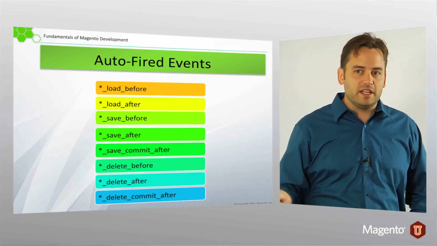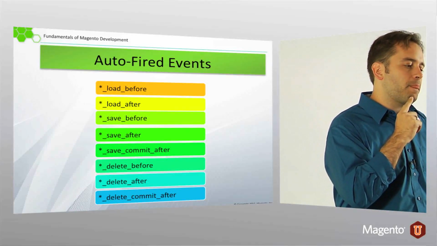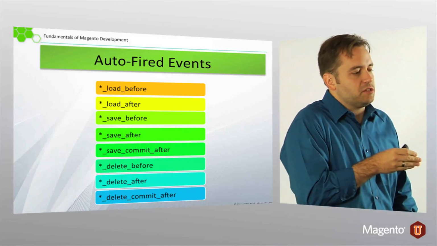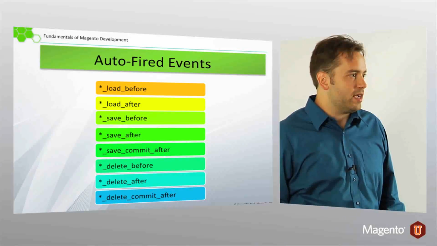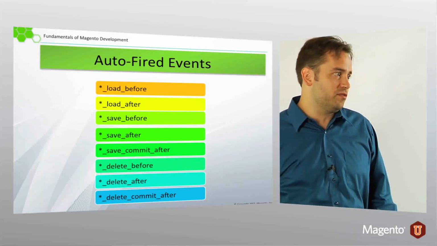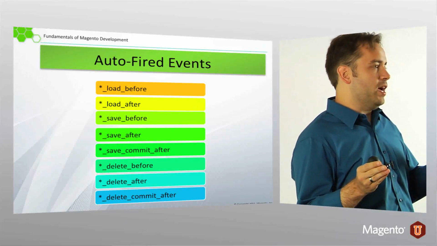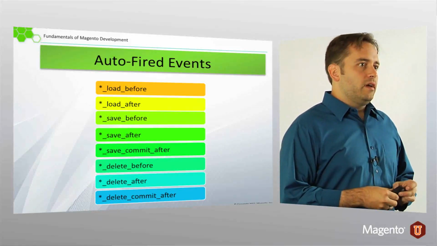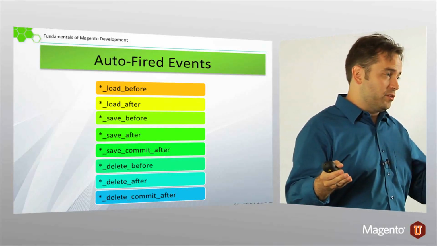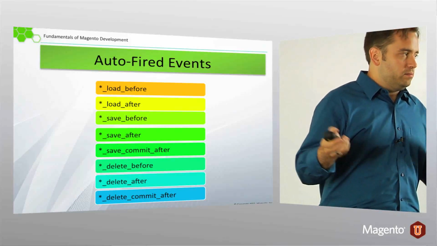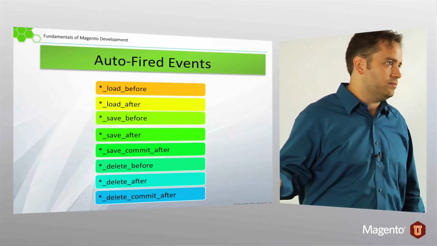Basically, all this means is that without having to go in and create all of this, I can know that just because, for example, my model extends from the base models in Magento, from the abstract, I have access to all of these events. So if I need to do something every time, or say I have two models, okay, and I need to do something to one of them with the other after it's loaded, I can use my event prefix load after.